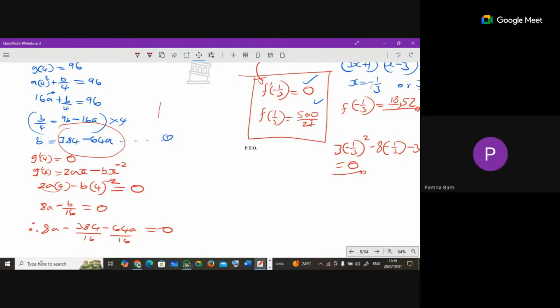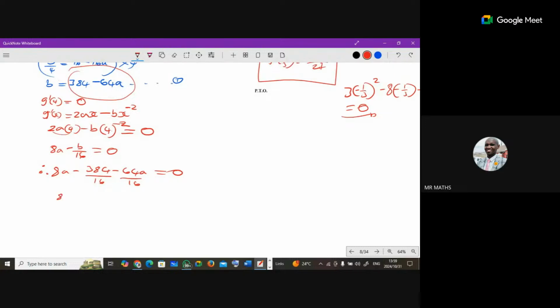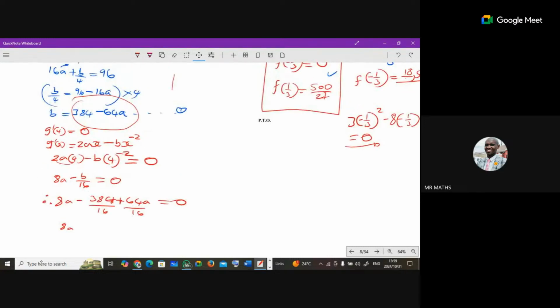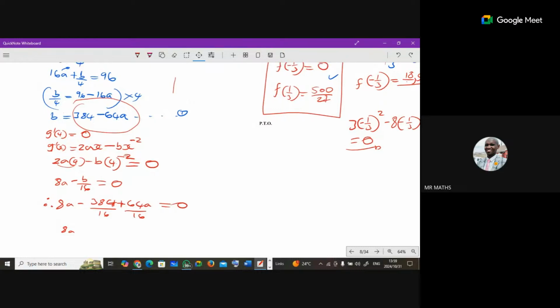Then now you will have 8a. 384 over 16. Oh, it's negative. This one will be positive because remember we said whenever you are substituting something and there's a negative sign already, the sign changes.